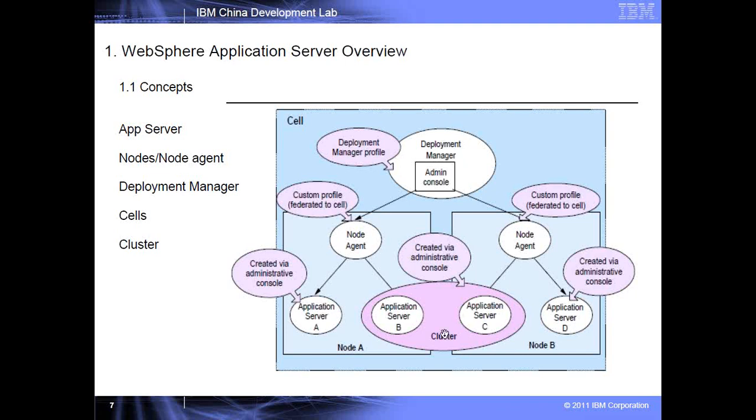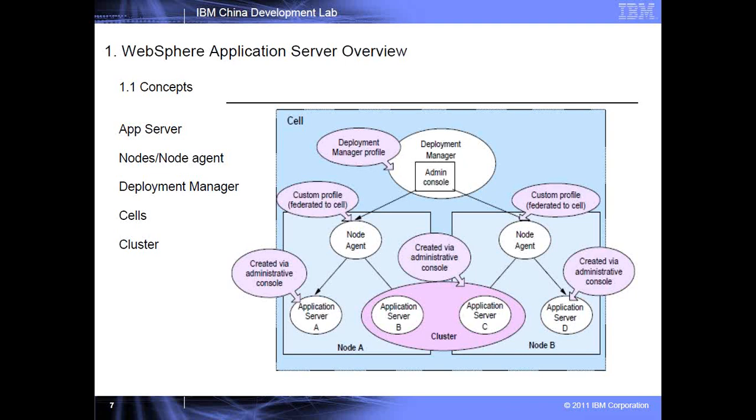And here we have seen one more concept called the node agent. What is a node agent? This is very much required. The node agent is the mediator or middleware JVM which interacts with the deployment manager and our application server instance.